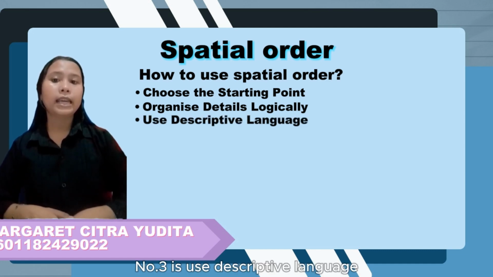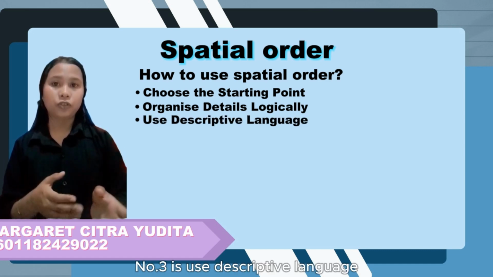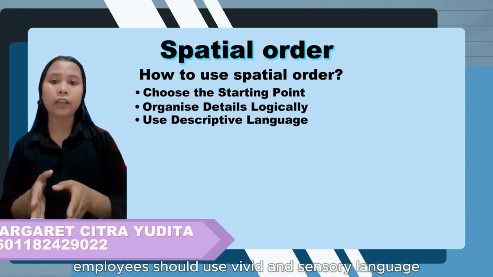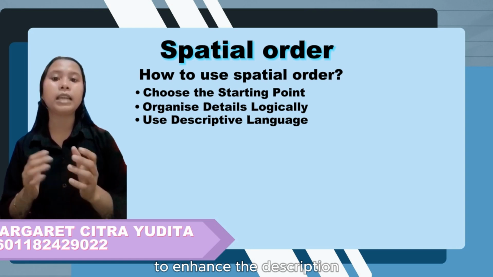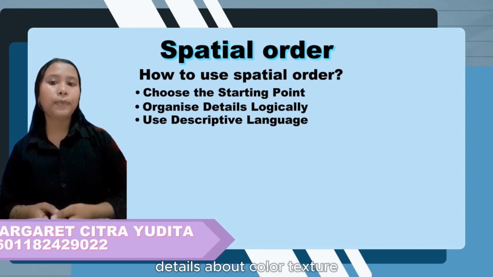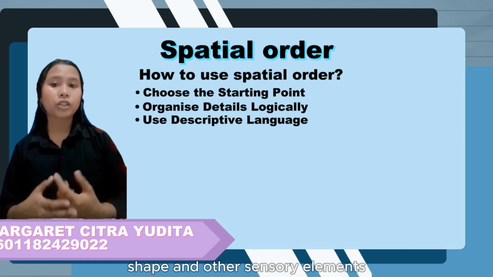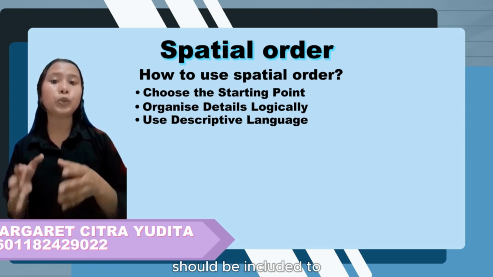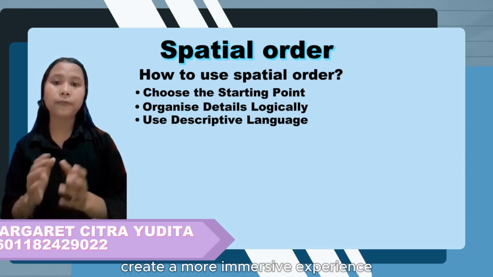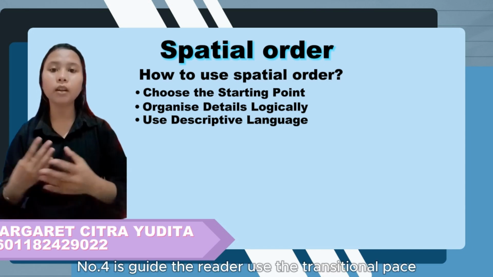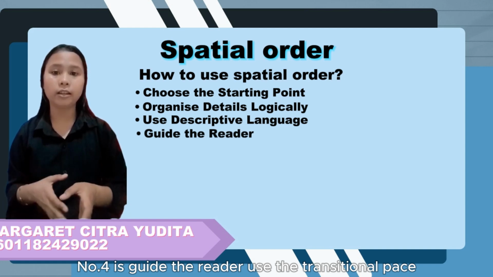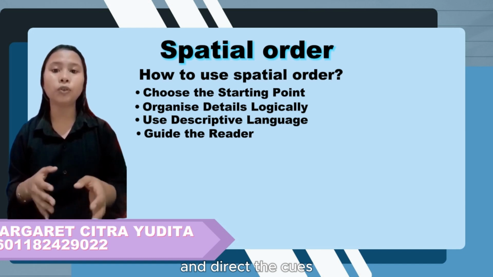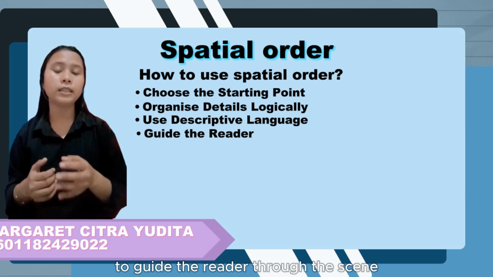Number 3 is use descriptive language. Writers should use vivid and sensory language to enhance the description. Details about color, texture, shape, and other sensory elements should be included to create a more immersive experience. Number 4 is guide the reader. Use transitional phrases and directional cues to guide the reader through the scene.